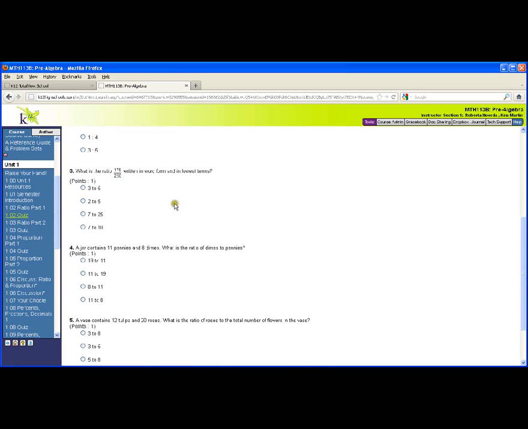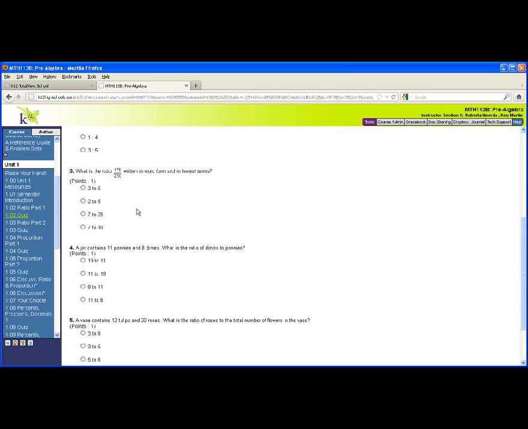What is the ratio of 15 to 75 in lowest terms? If you remember right, 15 goes into itself once and into 75 5 times, so 1 to 5. What is the ratio of 175 to 250 written in word form and lowest terms? It's going to be the top number to the bottom number.